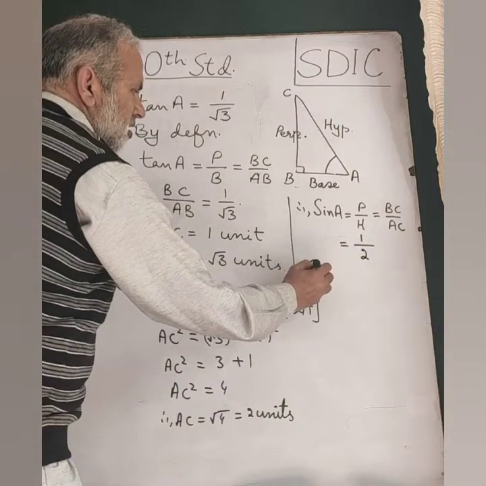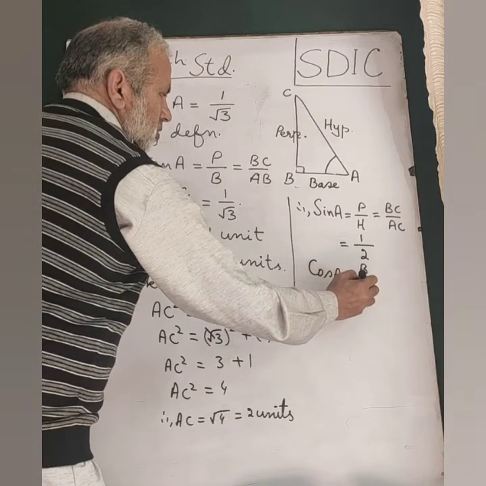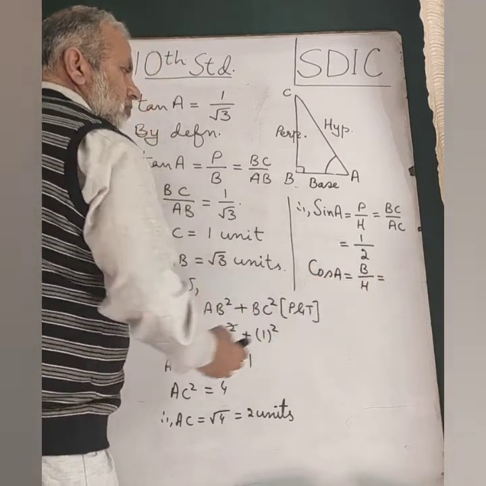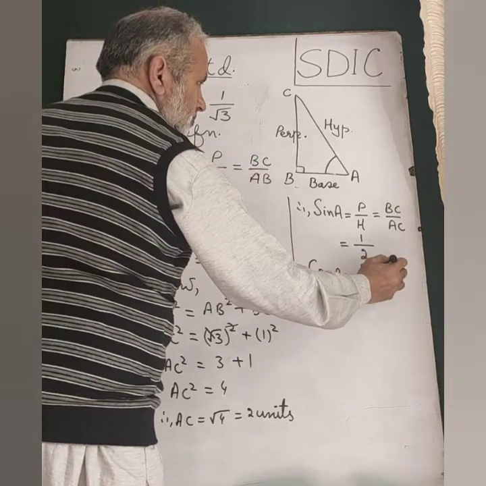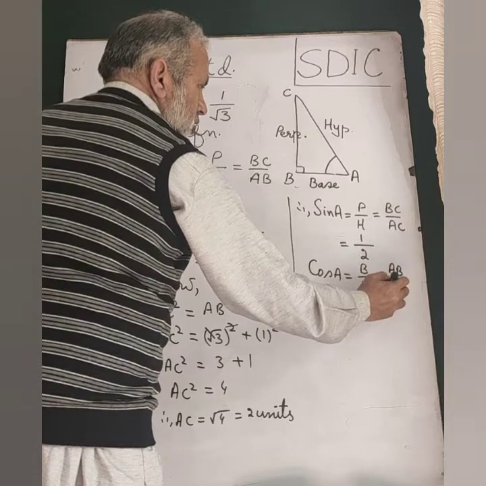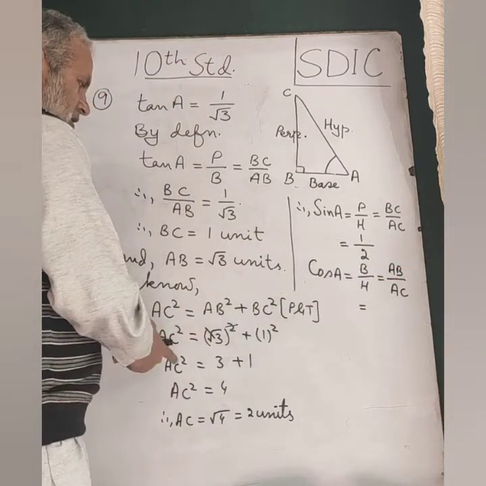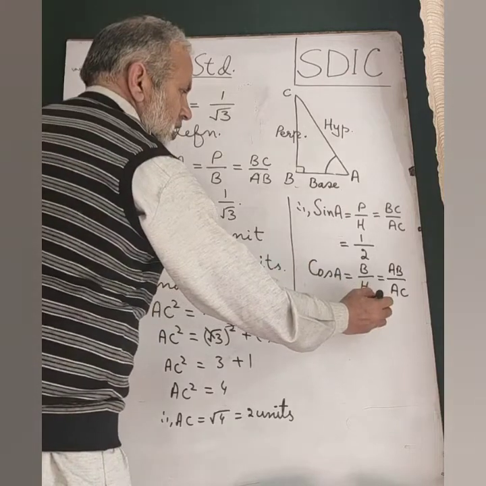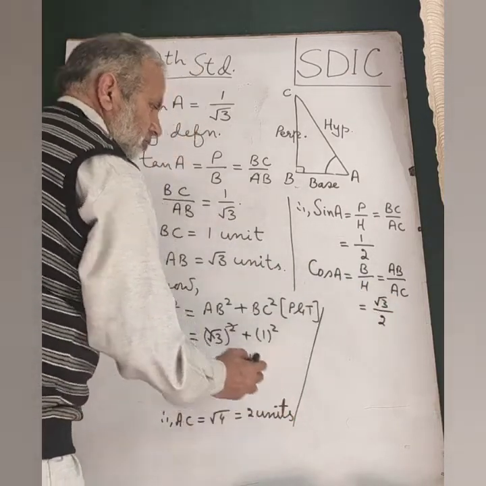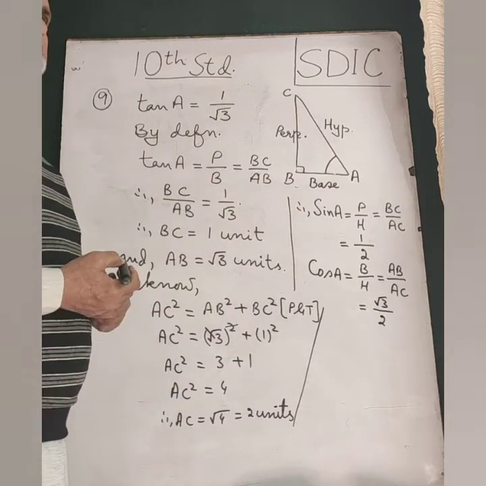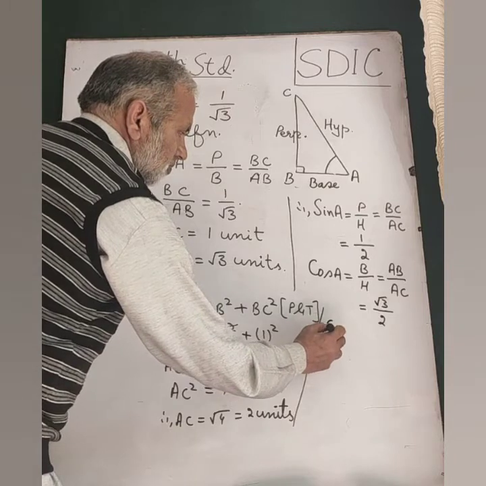Then cos A, base by hypotenuse. Name of base is AB, hypotenuse is AC. Use their values. AB is under root 3 divided by AC is 2. So cos A is under root 3 by 2.